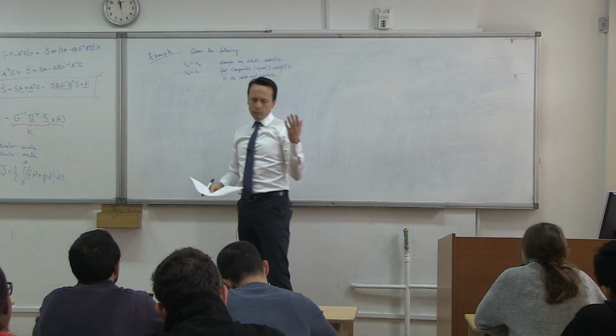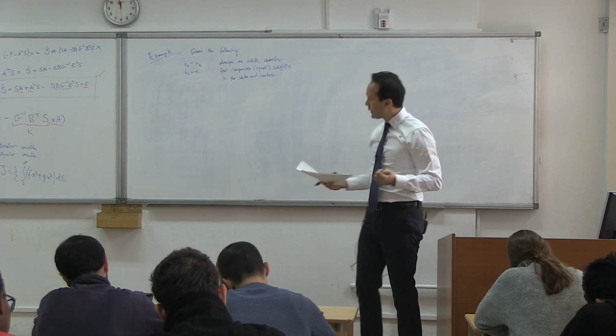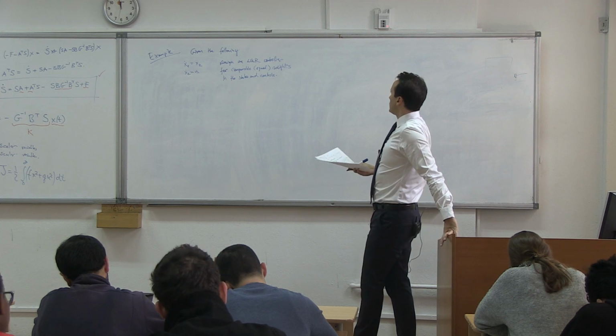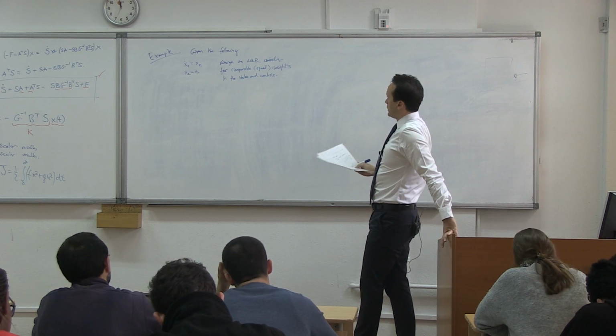So we want to have them comparable, so they will be approximately equal. Design an LQR controller for comparable weights in the states and the controls.